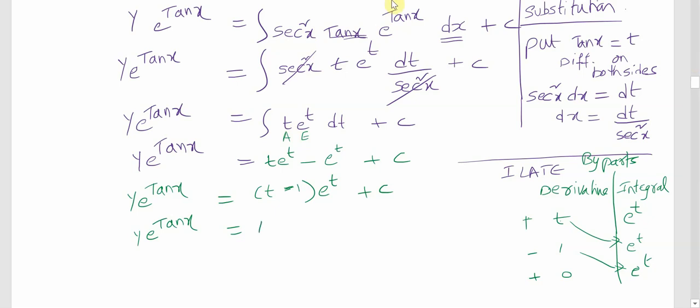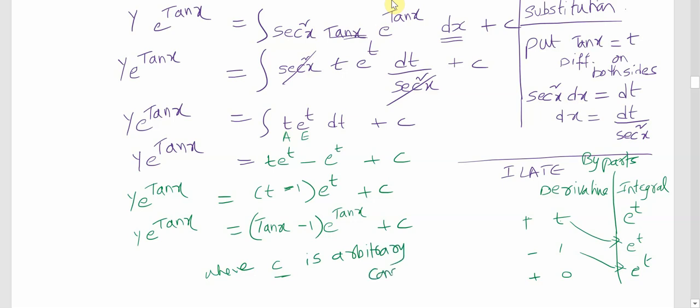So t is tan x, so let us resubstitute: tan x minus 1 e power tan x plus c, where c is an arbitrary constant. At least up to this we need to do. If you can divide with e power tan x throughout, then it is better. Of course you can stop here also.